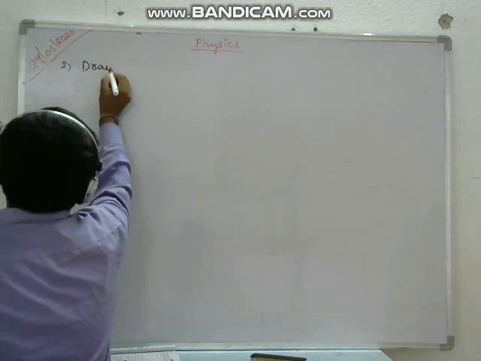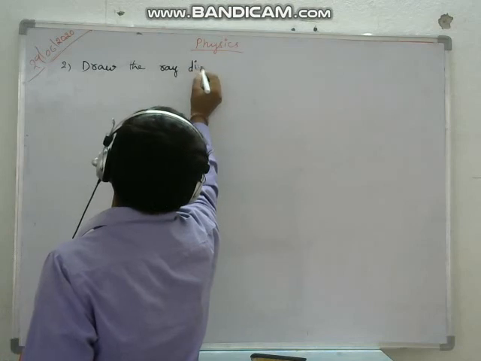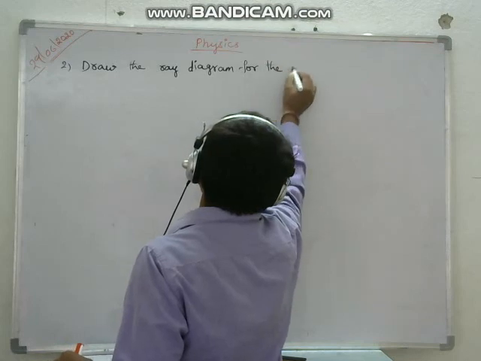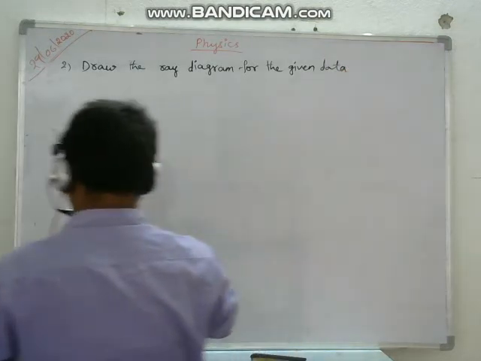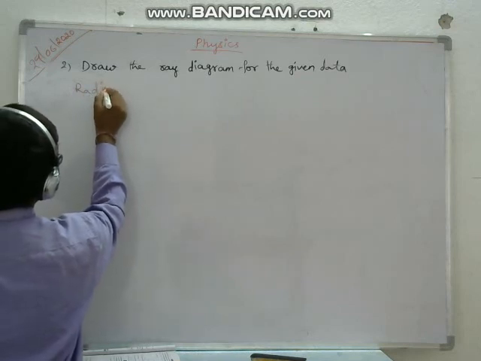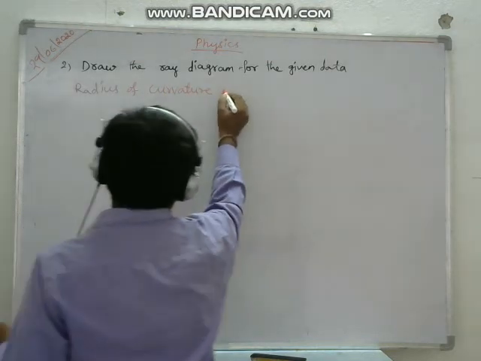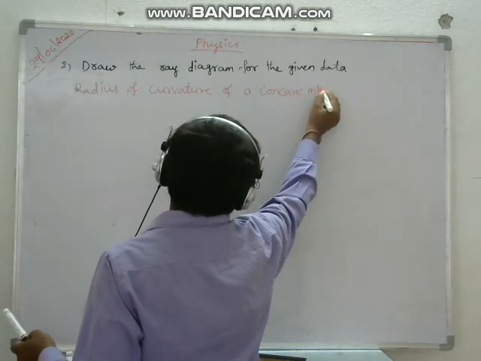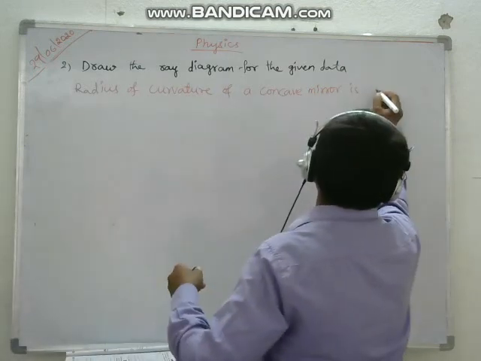Write this problem as a classwork. Draw the ray diagram for the given data. The radius of curvature of a concave mirror is 28 centimeter.